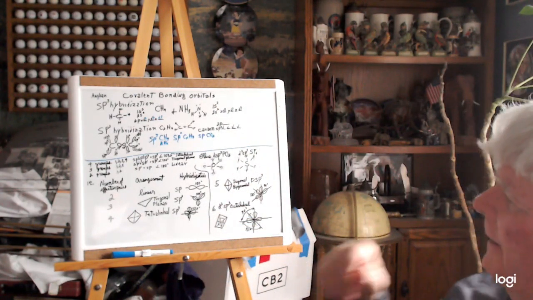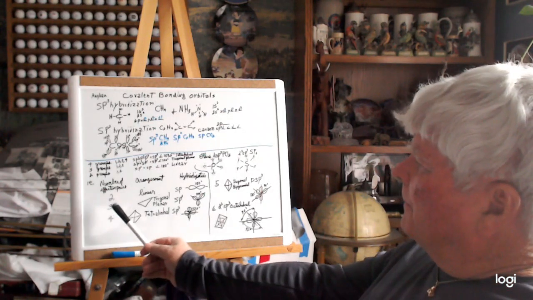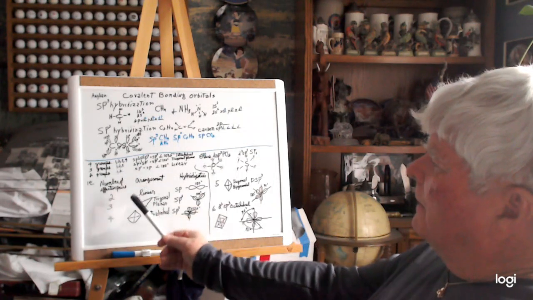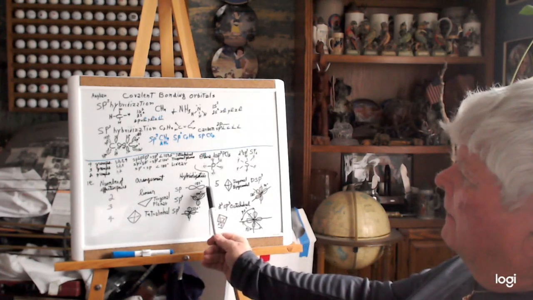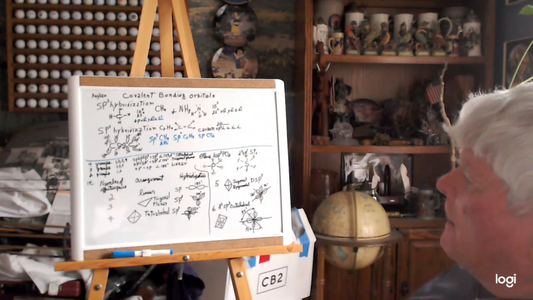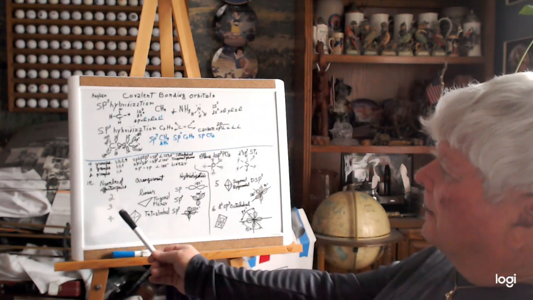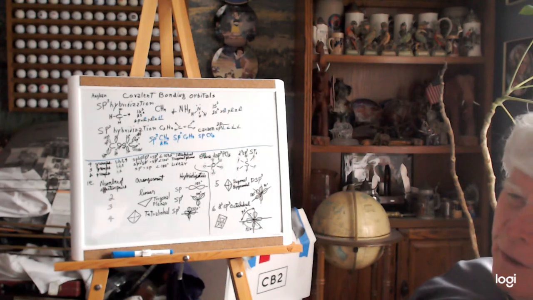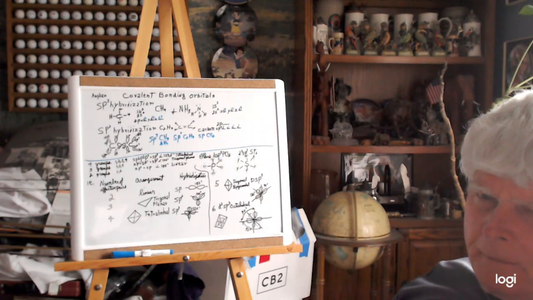Remember I said the 2 group, which is SP, is linear, and SP is indicated here as 180 degrees or linear. With the 3 groups, and the reason it's grouped like that, it means the number of effective pairs for bonding.